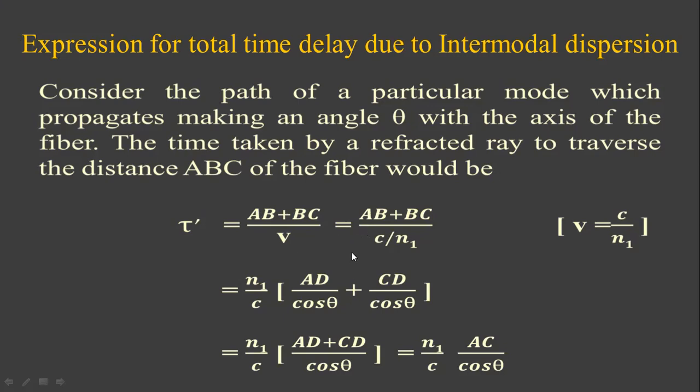I write this as (AB plus BC) divided by C by N1, by making use of the fundamental relation between the velocity of light in a medium, velocity of light in vacuum, and refractive index.